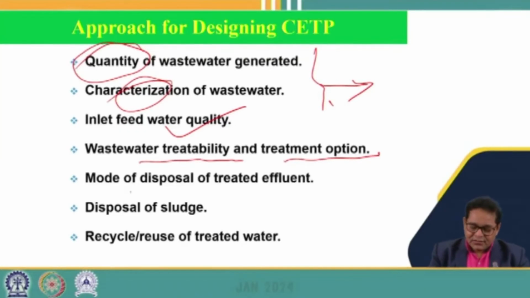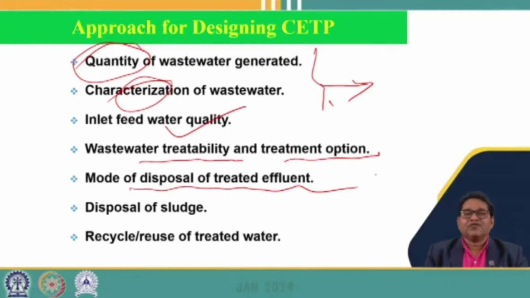And then we also look into the mode of disposal of the treated effluent so as to arrive at the environmental discharge standard for a particular mode.